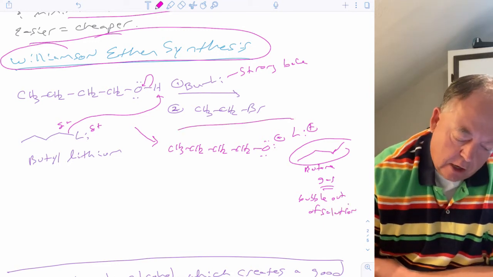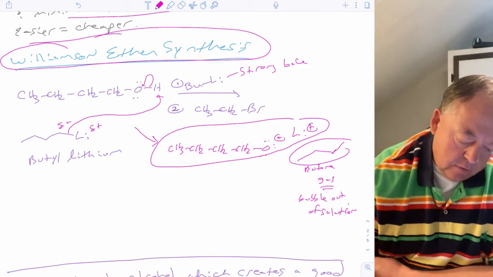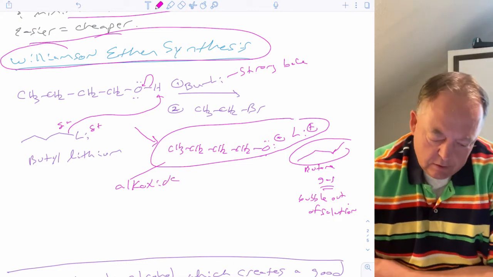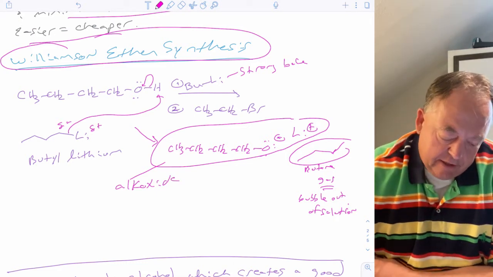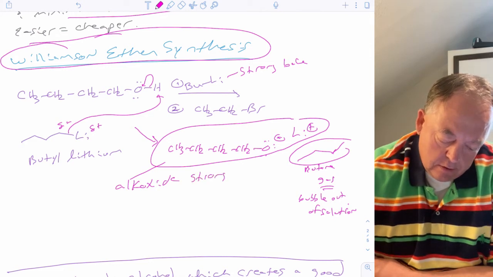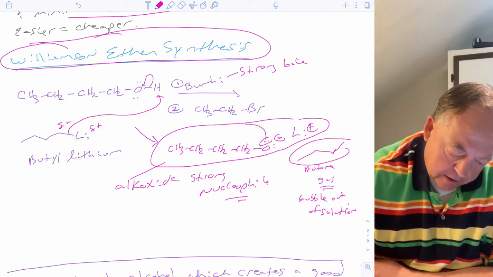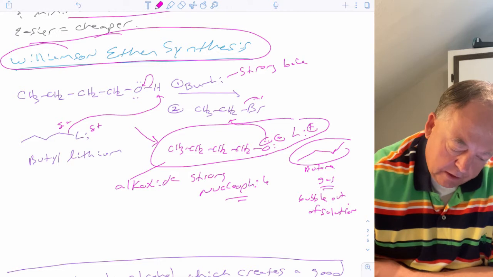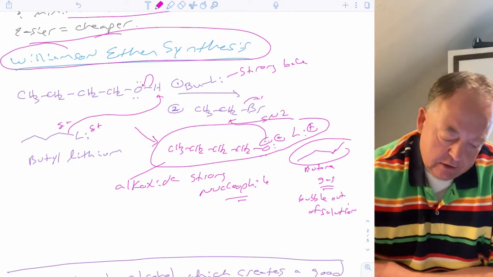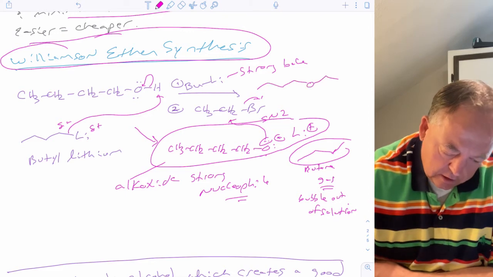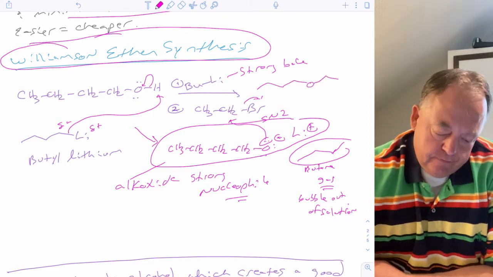So now you have the conjugate base of the alcohol, so that would be what's called an alkoxide. And the significance is that it's a strong nucleophile. So then the oxygen here can now attack that carbon and kick off the bromine, and that's an SN2 reaction, and you would make butyl ethyl ether, right?